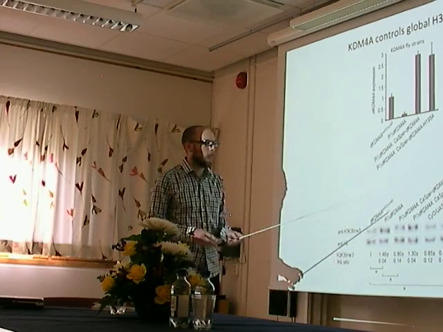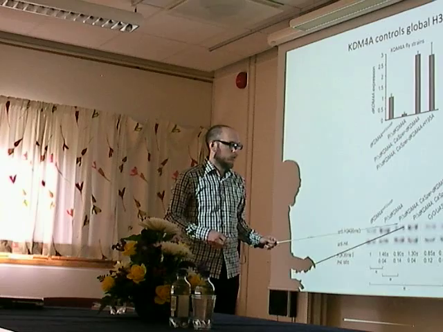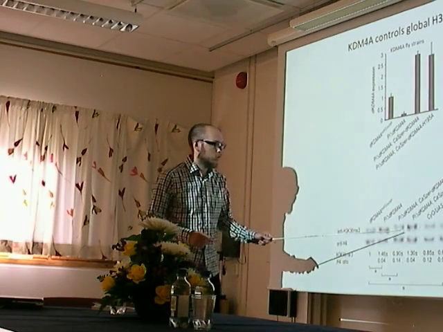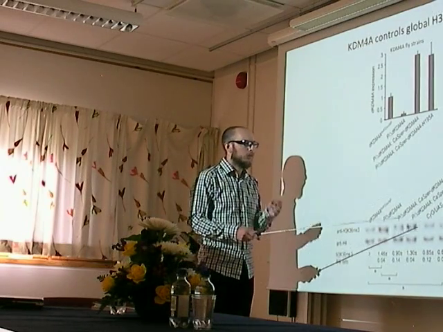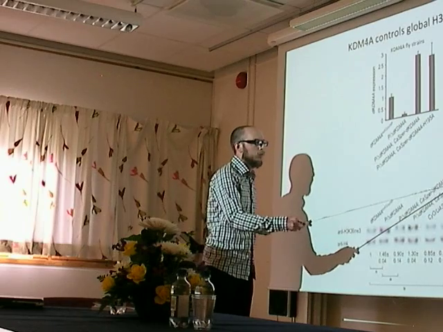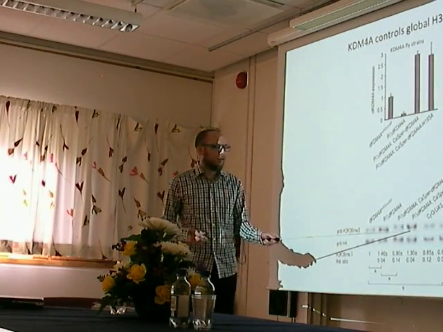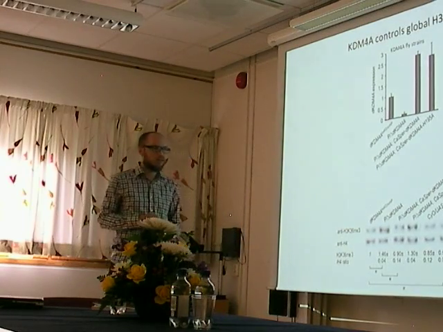When we put back the transgenic KDM4A gene, we are down to normal levels of this methylation again. However, when we put back an enzyme that is catalytically inactive, we have an elevated global level of K36 trimethylation.